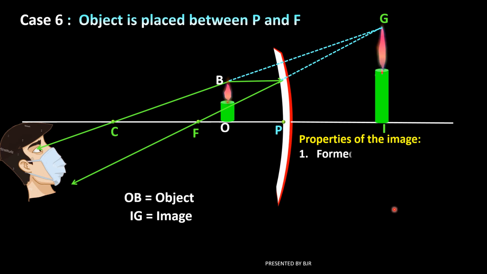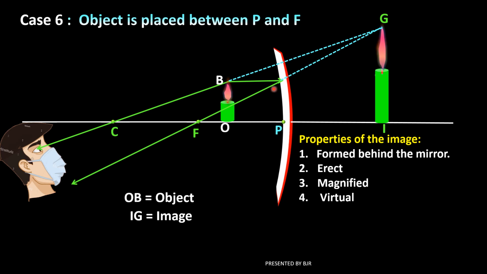Where has the image been formed in this case? In the sixth case, the image has been formed behind the mirror. In all other 5 cases, the image has been formed in front of the mirror only. So here: formed behind the mirror, erect, that is upright image, magnified, that is bigger in size than the object, and virtual image.